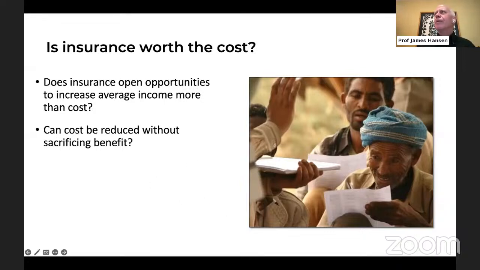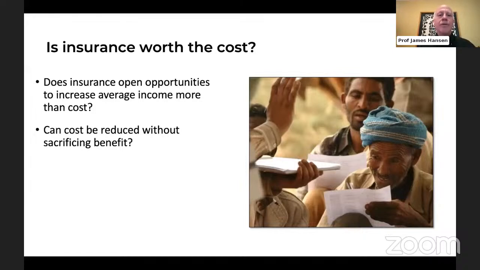But there are also questions about, can the design of the insurance make it more cost effective? And in some cases, yes. Just switching from traditional insurance to index-based insurance in general has decreased the cost of insurance. But the cost per farmer will also decrease as more and more farmers adopt.